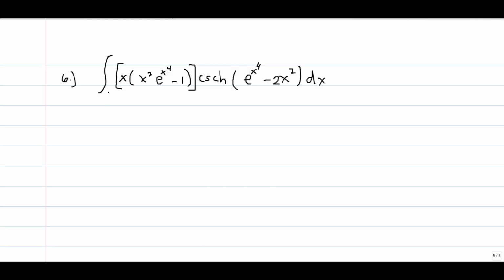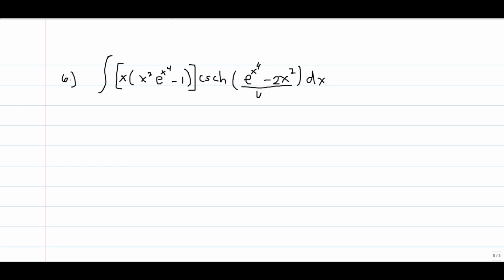Okay, so problem number 6. What is the equivalent antiderivative of this given, which is the integral of the quantity x times the quantity x squared e to the power x to the fourth minus 1, then csch, the quantity e to the power x to the fourth minus 2x squared dx.